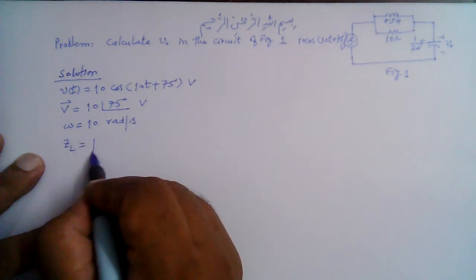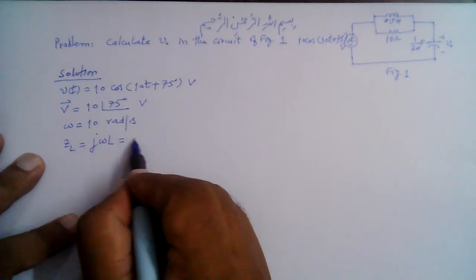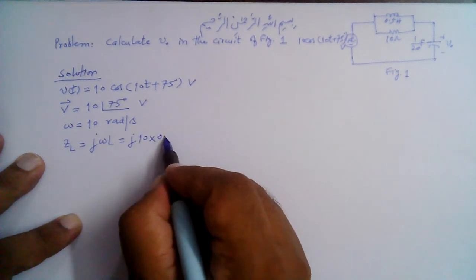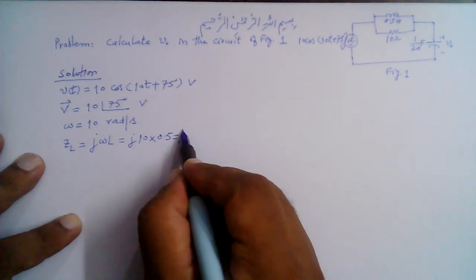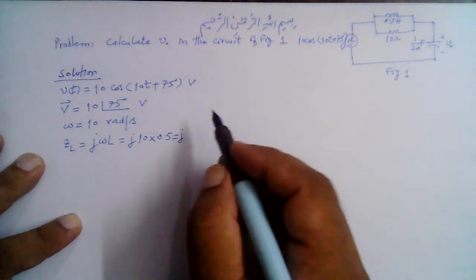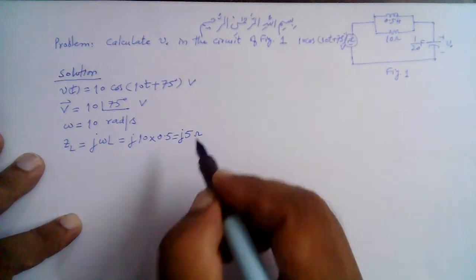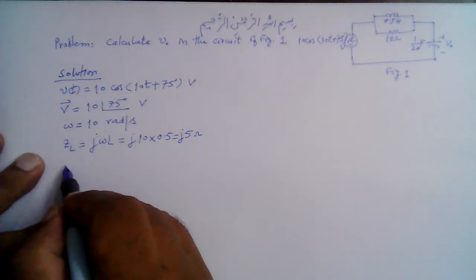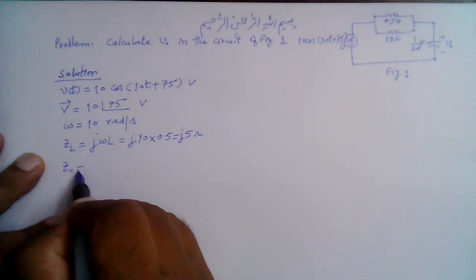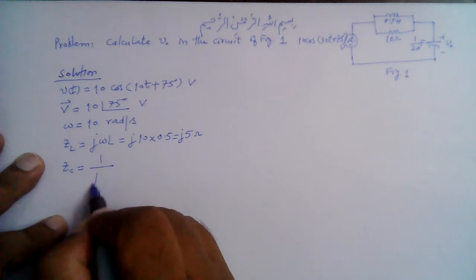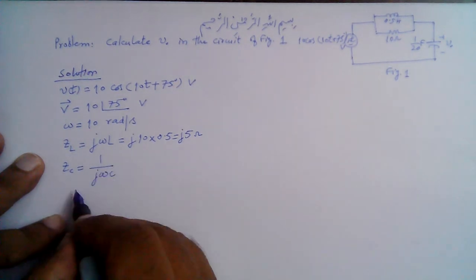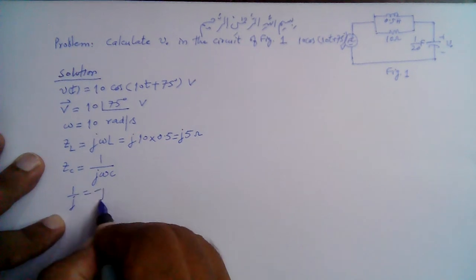That is equal to J omega L is equal to J. Omega is 10 and L is 0.5 Henry, so that is J5 ohm. And the impedance of this capacitor, let it be represented by ZC, that is equal to 1 over J omega C, right? And 1 over J is equal to minus J, right?